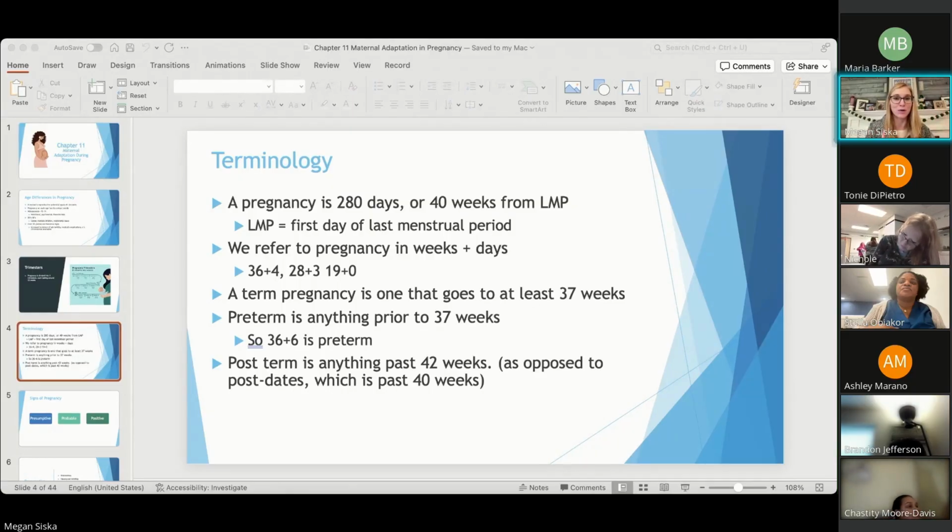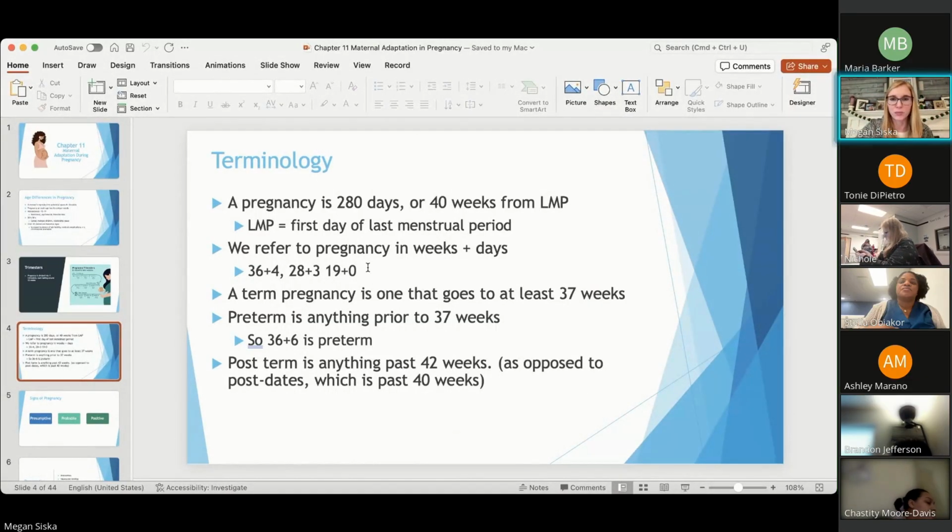Remember when we were talking about the menstrual cycle and I said day 1 of your bleeding is day 1 of your menstrual cycle. When they ask you for your last menstrual period, that is the day that they want you to give. So the first day that you started bleeding of your last menstrual cycle. That's how we calculate a due date. If it is somebody who has regular menstrual cycles, they would use that date. And then 40 weeks from that date would be their estimated due date for that baby.